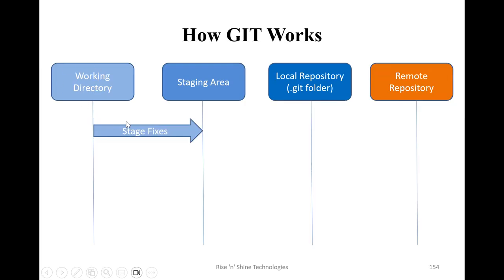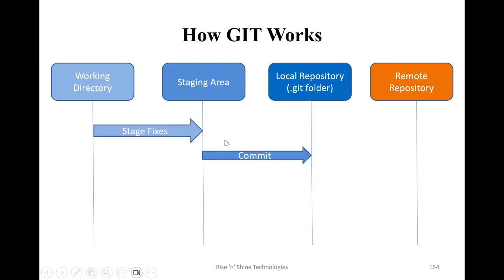From my working copy to the staging area, you need to use the git add command. If you use git add, think of it as updating the files from the workspace to the staging area. Then once it is updated to the staging area, we run the git commit command.